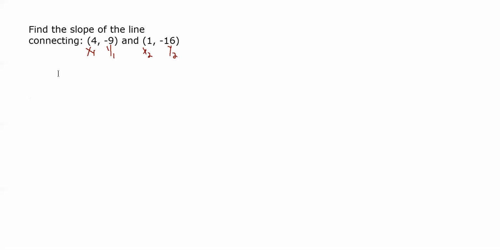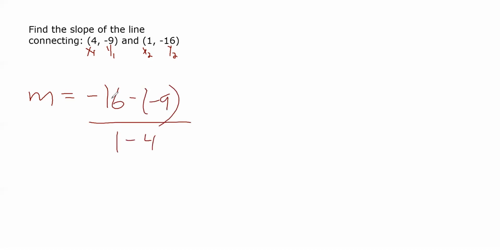So first we'll go ahead and compute the slope of that line. Let's see, m is going to be y2, which is -16, minus y1, which is -9. On bottom, 1 minus 4. All right there, Pilgrim. -16 becomes -16 plus 9, essentially. On bottom, you'll get -3. -16 plus 9, it doesn't save it from being negative.